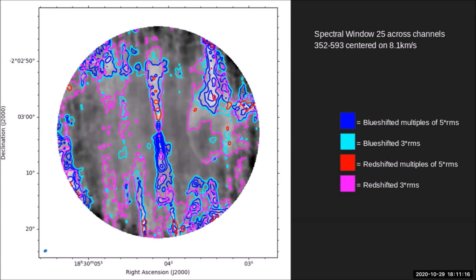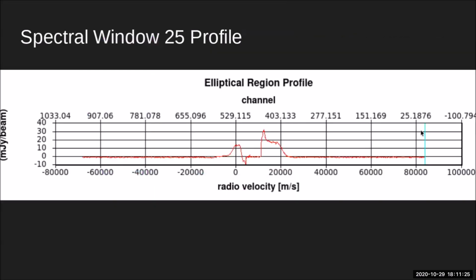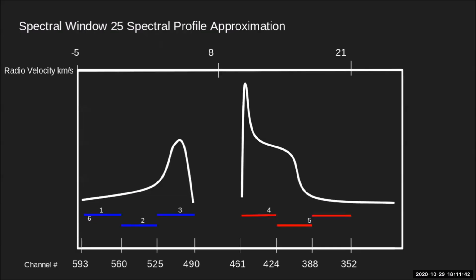So this specific spectral window was quite complicated. So we decided to break it into separate ones. Looking at this elliptical region profile, which is looking at the emission from spectral window 25, we see that there are separate peaks. So we would gain information from splitting it up like this into 6 different ones.